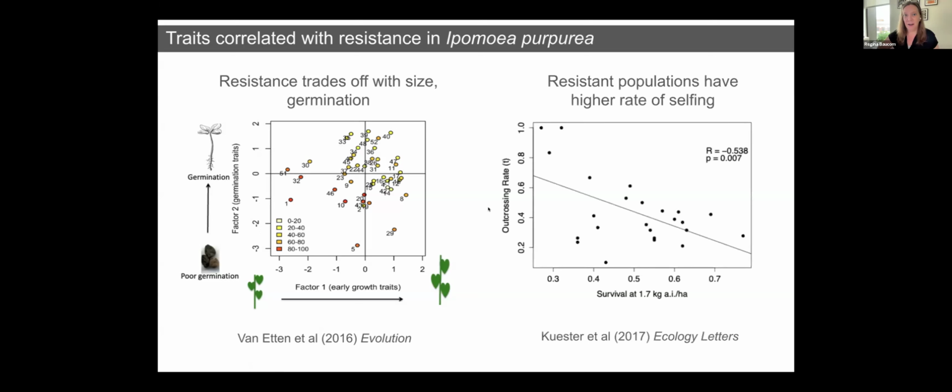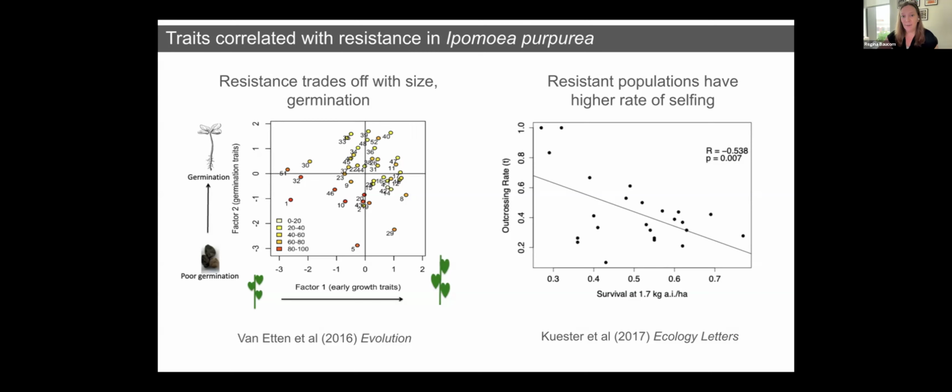We also found another type of trait that's correlated with glyphosate resistance in the common morning glory. We found that as populations increase their level of resistance, and I'm showing you here on the x-axis survival at slightly higher than the field dose of glyphosate, as populations became more highly resistant, they also showed a much lower outcrossing rate. So I said earlier, this species shows a mixed mating system across populations.